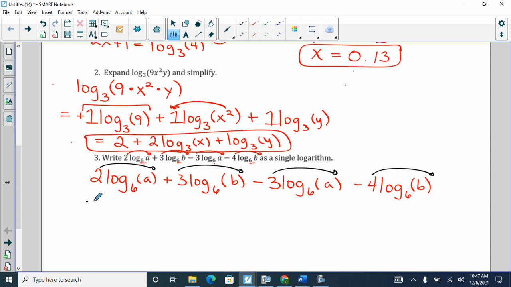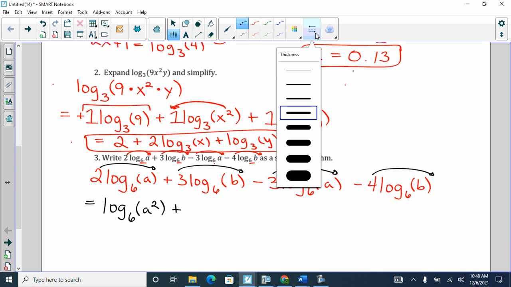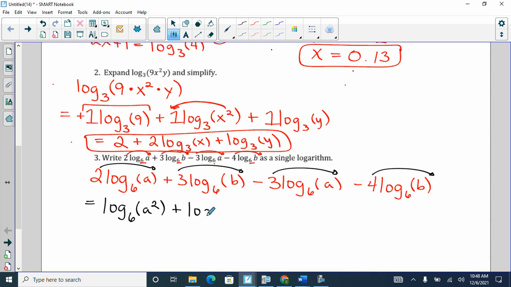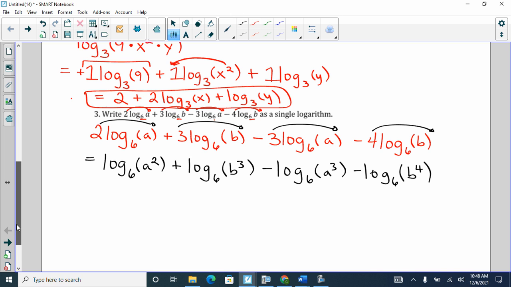So I'm going to get log base 6 of a squared plus log base 6 of b cubed minus log base 6 of a cubed minus log base 6 of b to the 4th. Do you see how I can do that? Bring the exponents up by power rule.